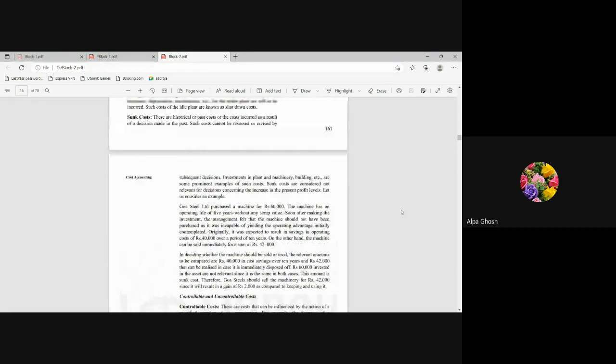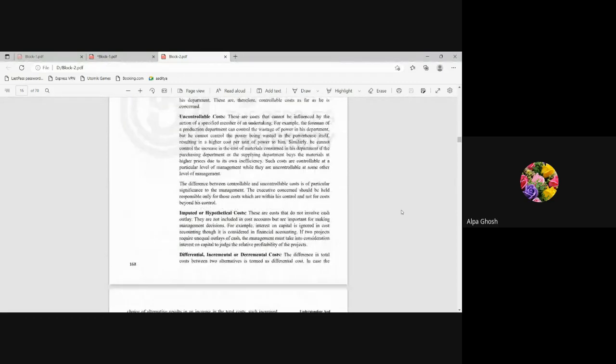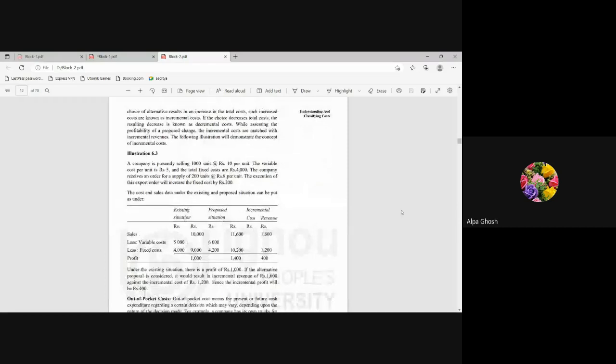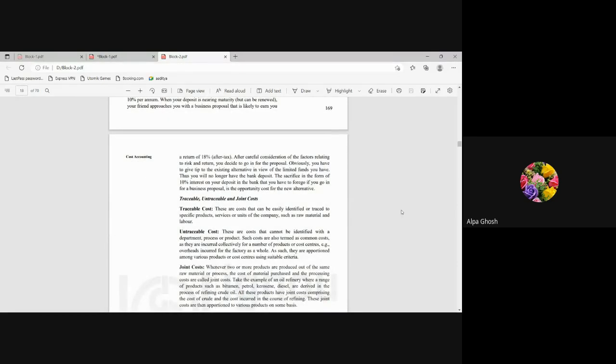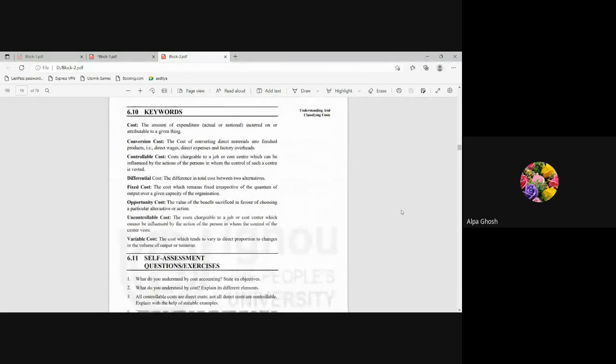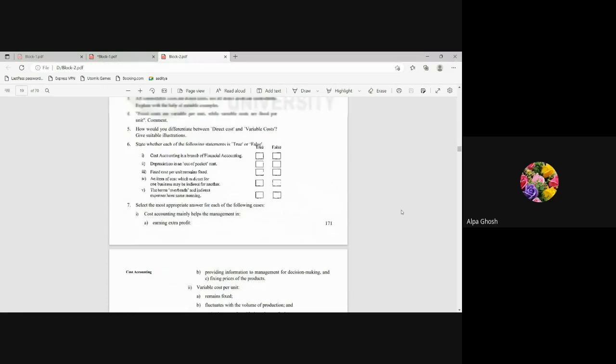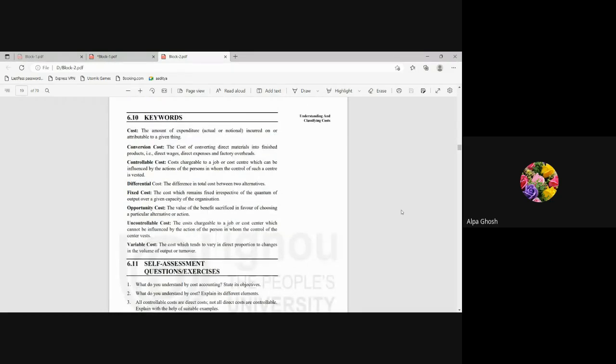Next, these are all different types of cost. These are the keywords. Just go through them once you read these keywords, which are there on your screen, because these are going to be helpful to you in your whole unit.